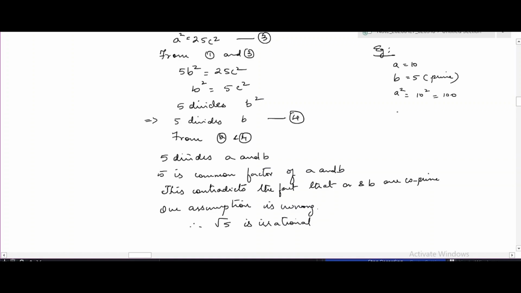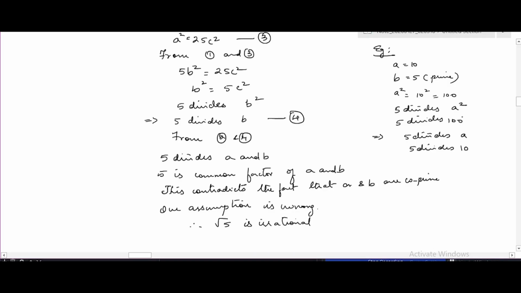Now 5 divides a squared, so this means that 5 divides 100, which implies 5 divides a, that is 5 divides 10. Okay, so this is the explanation I want to give you.